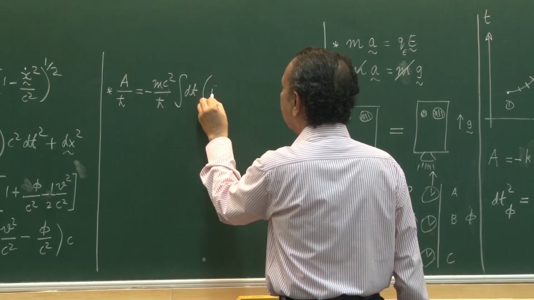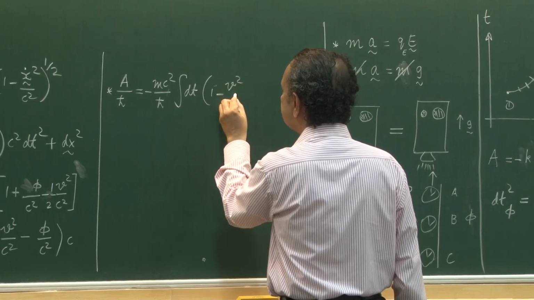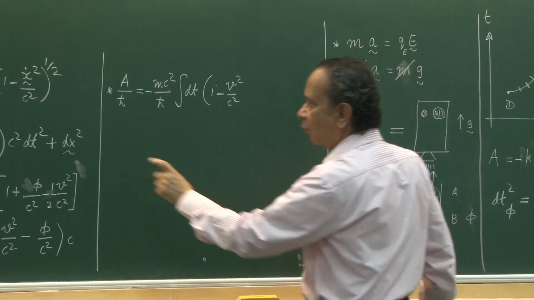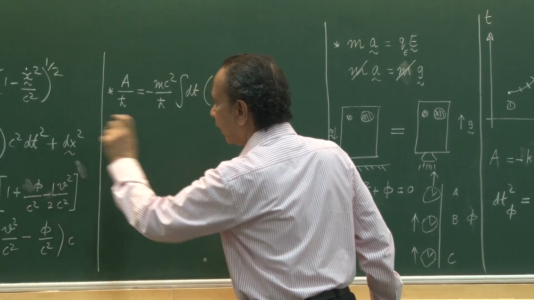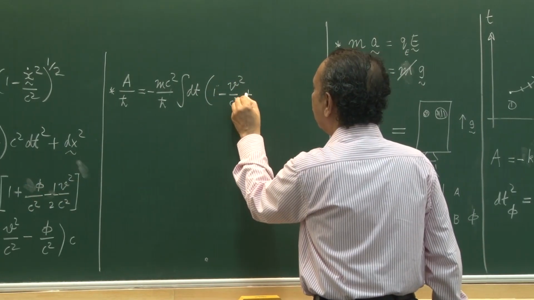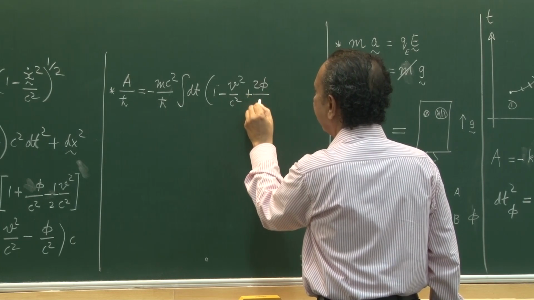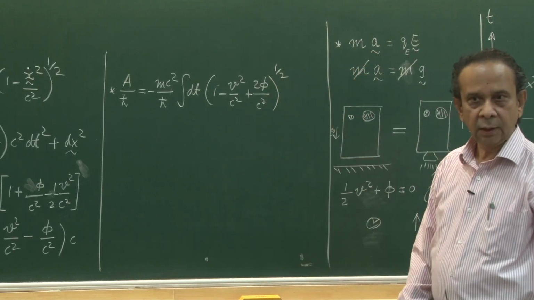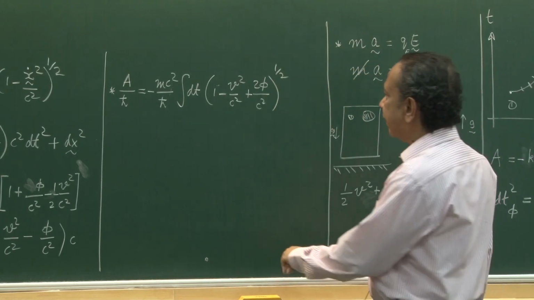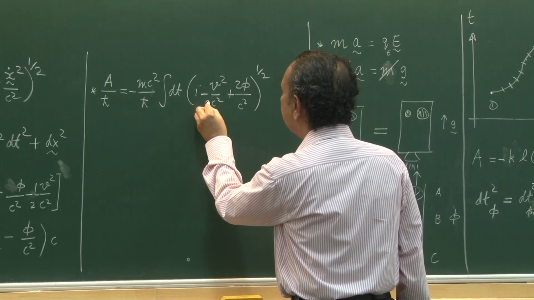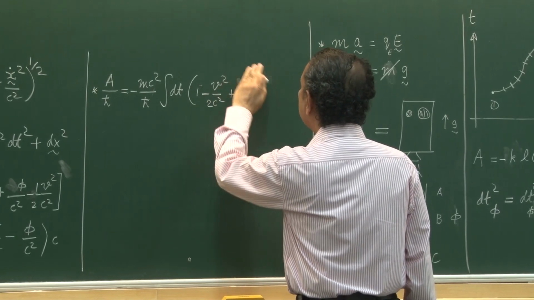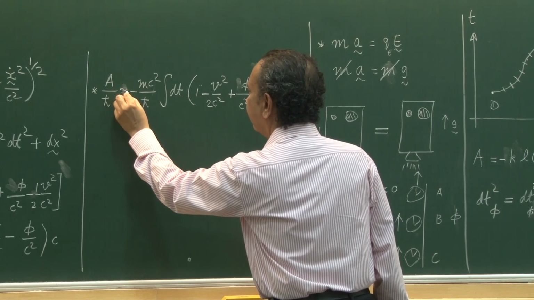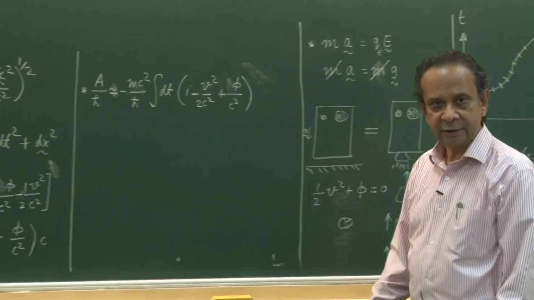This is 1 minus v, the same as x dot, so v square by c square, and what is going to happen is that you are going to pick up a plus 2 phi by c square, and then there is a square root, correct. So, this I approximate by taking this 2 inside and taking off this 2 and removing this. So, that becomes approximate, but we will see it is a non-relativistic action.